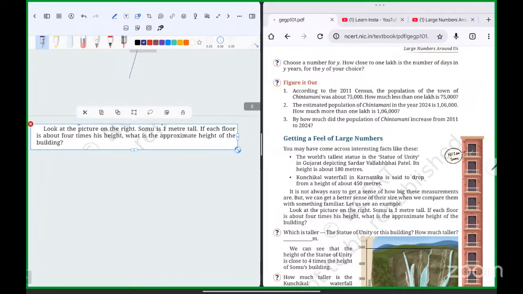Look at the picture on the right. Somu is 1 meter tall. If each floor is about 4 times his height, what is the approximate height of the building?